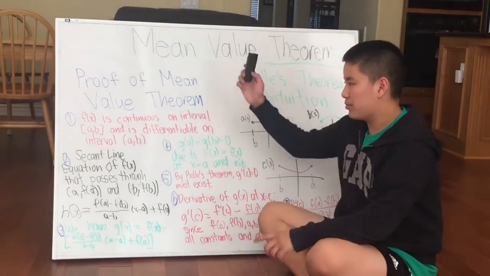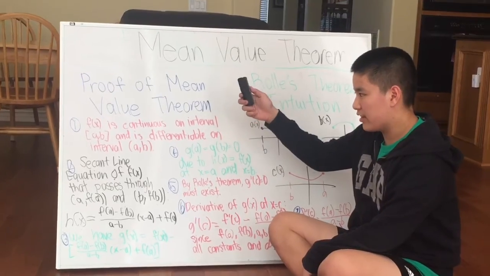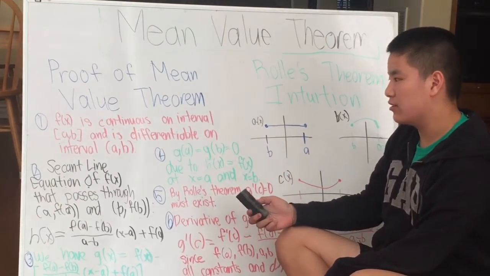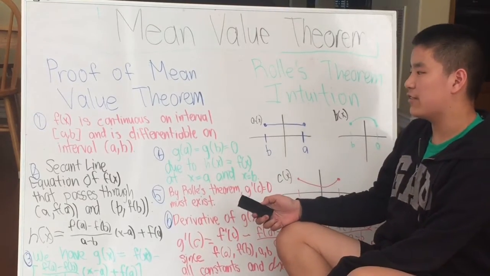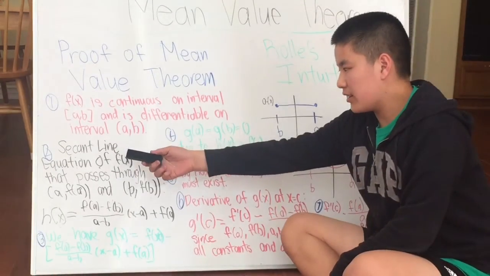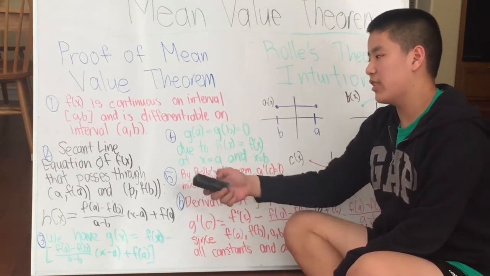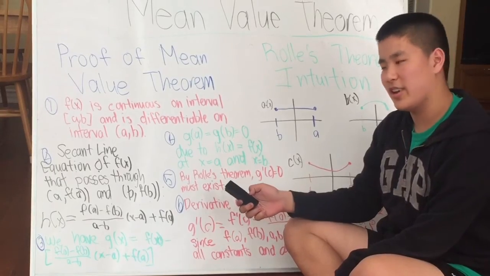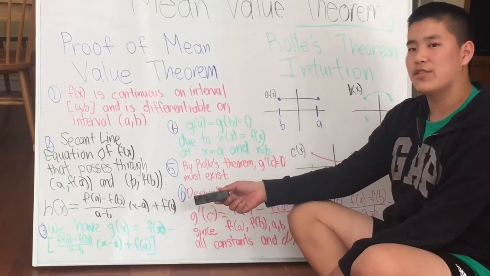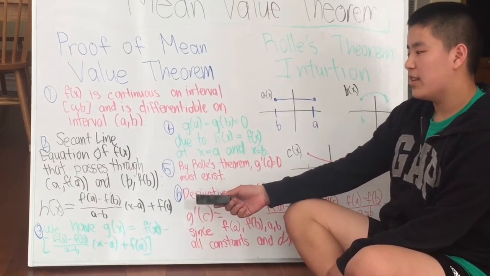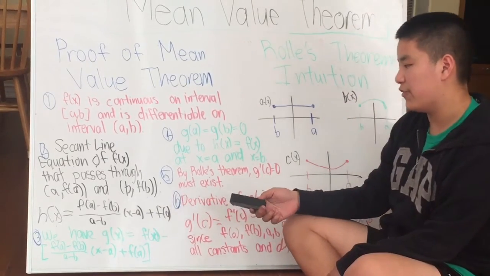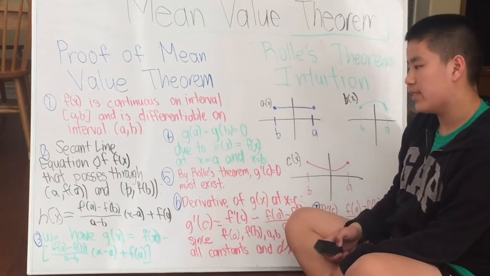In order to prove mean value theorem, for f of x, we need to state that f of x is continuous on the closed interval a to b and is differentiable on the open interval a to b. So the secant line equation of f of x that passes through (a, f of a) and (b, f of b) is h of x equals f of a minus f of b divided by a minus b, which is the slope, times x minus a, which is the x-coordinate, plus f of a, which would be a y-coordinate.